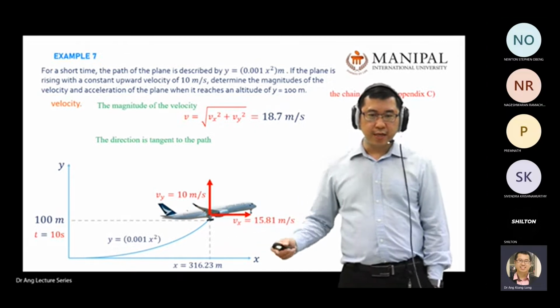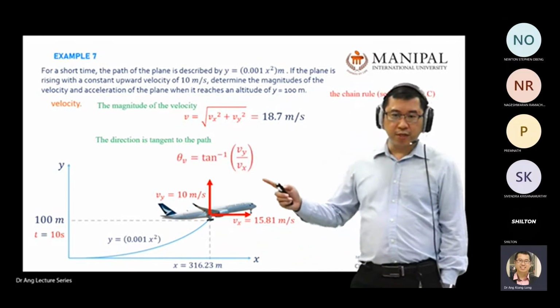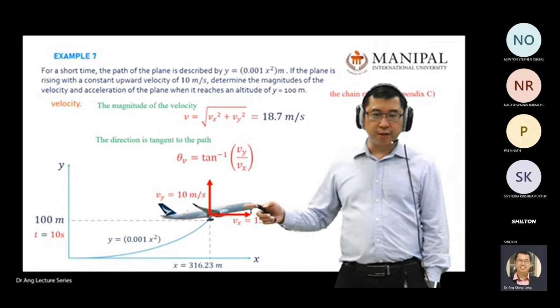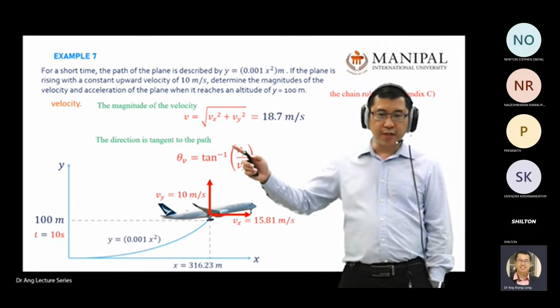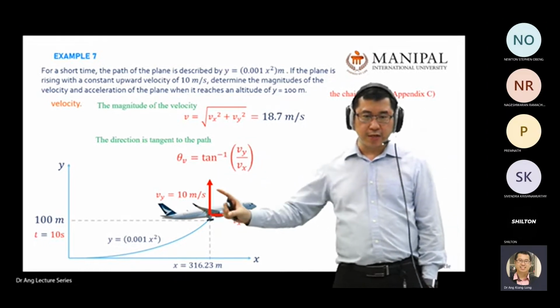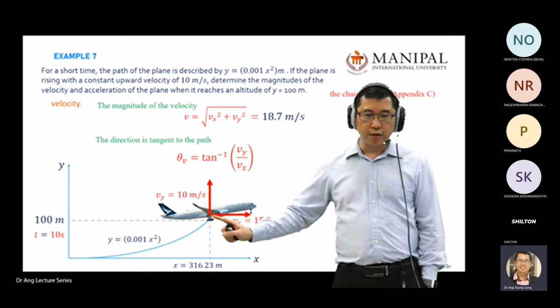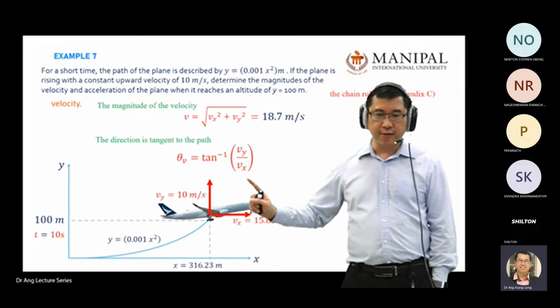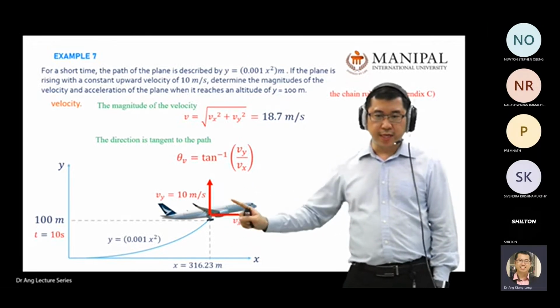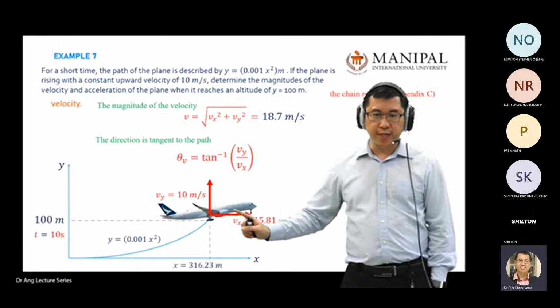The angle you can find with the tangent relationship. If you move this part to here and connect the resultant arrow, basically this is the angle of your vector.